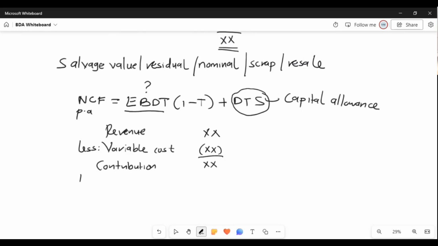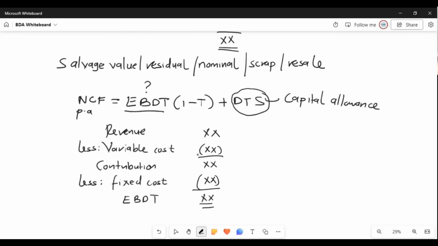When you get the contribution, we less the fixed cost. And this will give us the earnings before depreciation and tax. This is also very important so that if you're not given these, you know what forms the earnings before depreciation and tax so that you can compute based on the individual components.